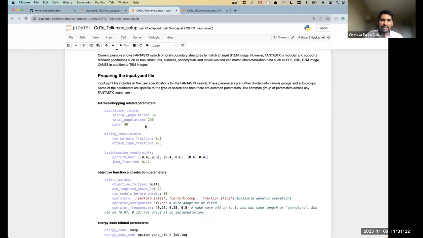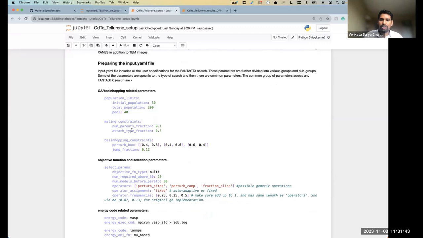Now, FANTASTX has these different experimental simulations and geometries, and all these input parameters corresponding to different modes of operation of FANTASTX should be provided into one file called the input.yaml file.